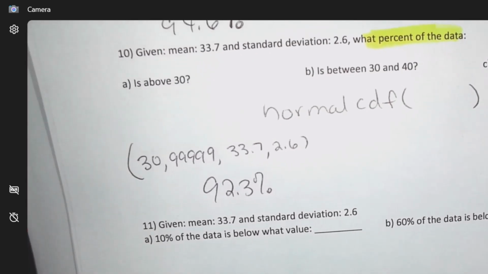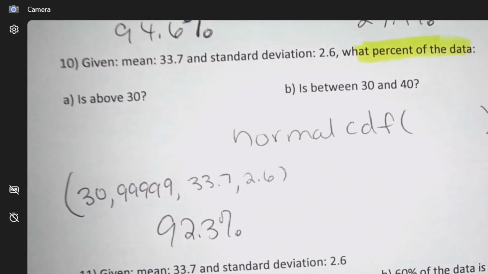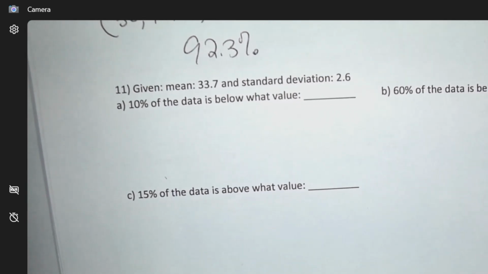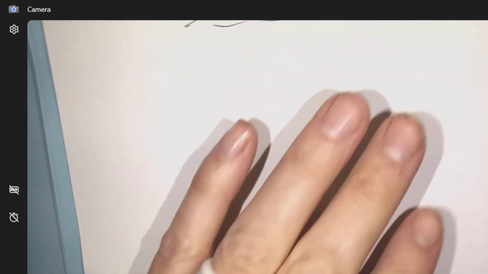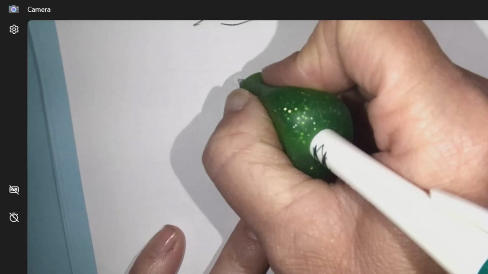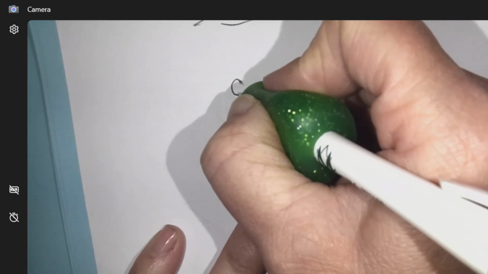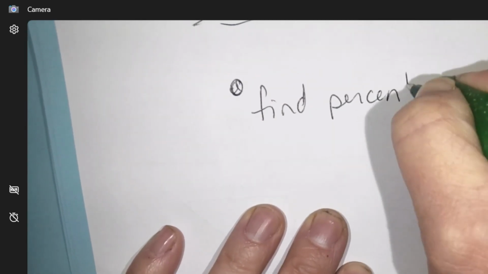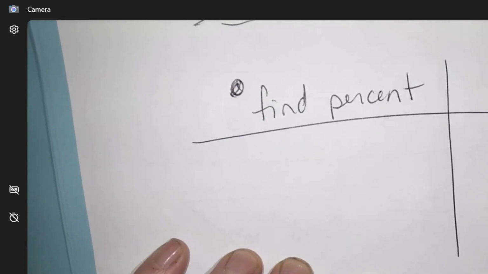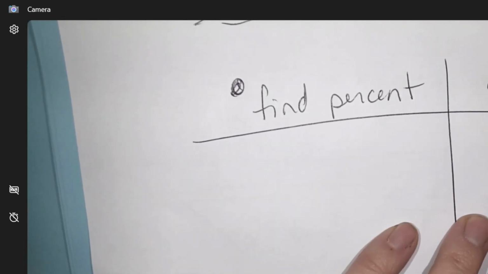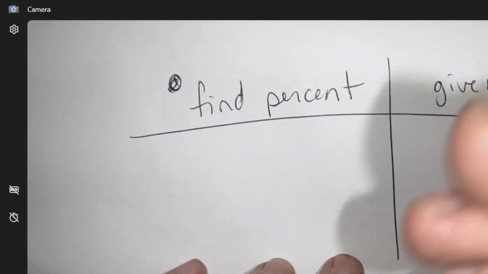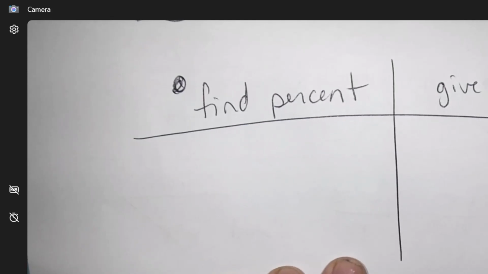Okay, number 11, I would say not many of you aced this on your test. So if you're gonna have something for your cheat sheet, I would put this on there. This is what I would do on my cheat sheet if I want to find a percent.